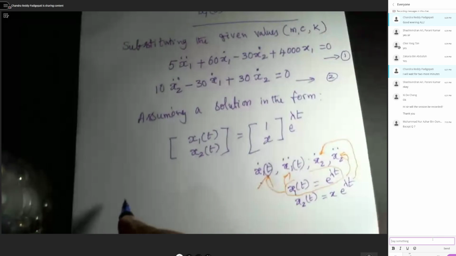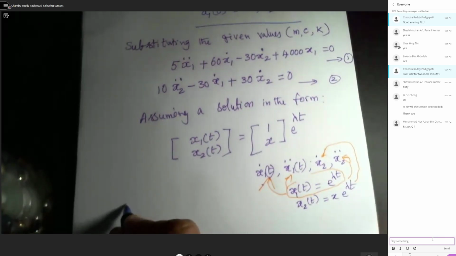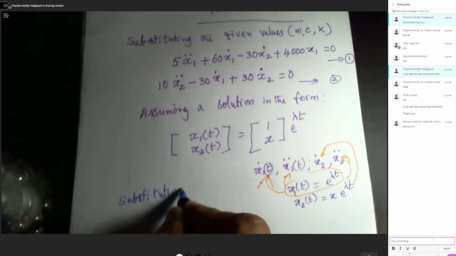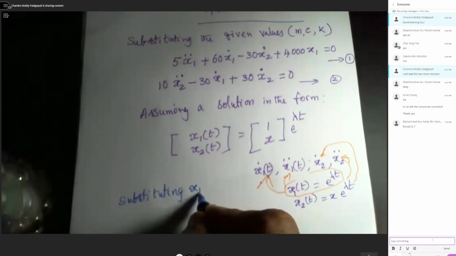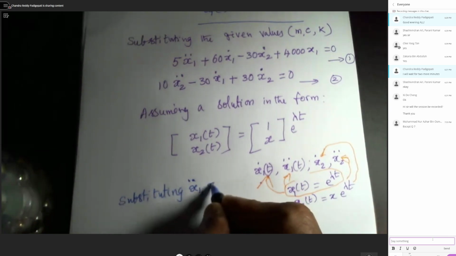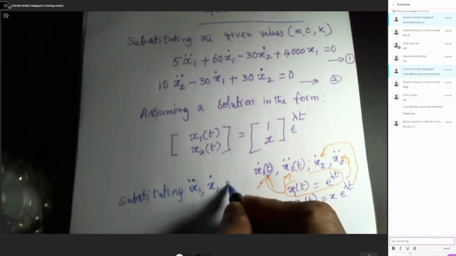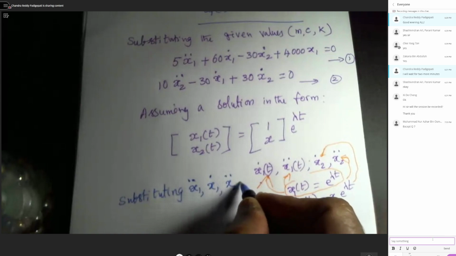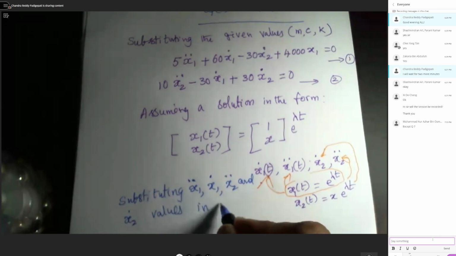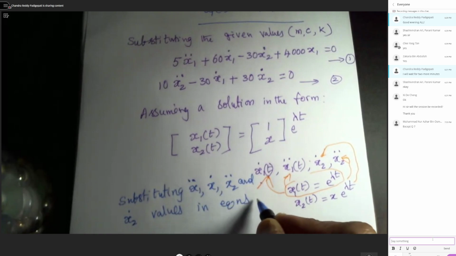So substituting the x1 double dot, x1 dot, x2 double dot, and x2 dot values in equations 1 and 2.